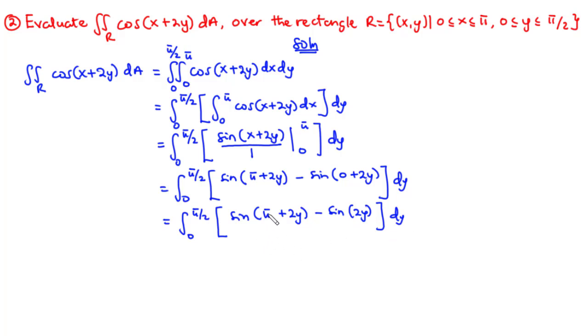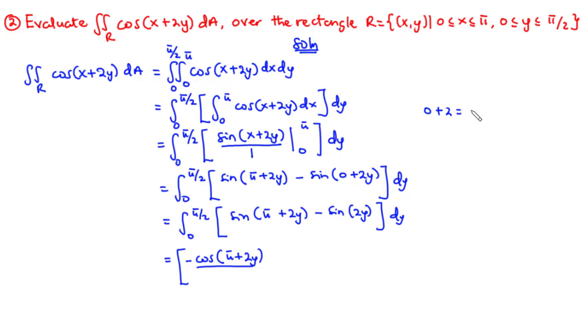Now the next thing is we are going to integrate this function with respect to y. So when you integrate sine, you have negative cosine. So we have negative cos. We are going to repeat the inside function, which is pi plus 2y, and then we differentiate this function with respect to y, and it appears at the denominator. So when you differentiate pi, which is a constant, you have 0, plus when you differentiate 2y with respect to y, you have 2.